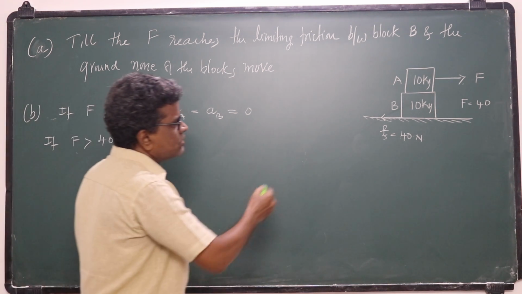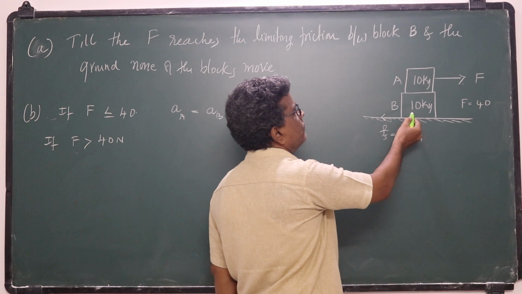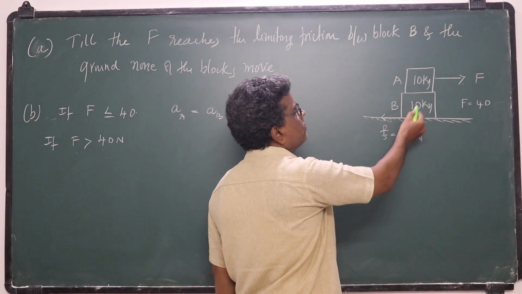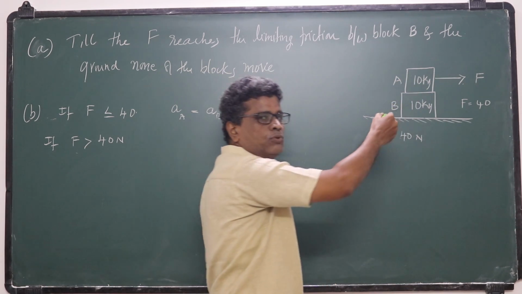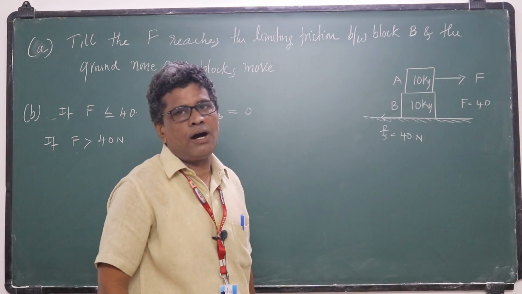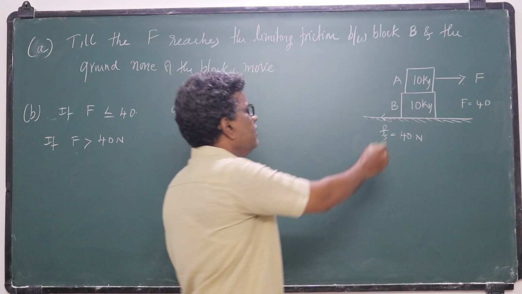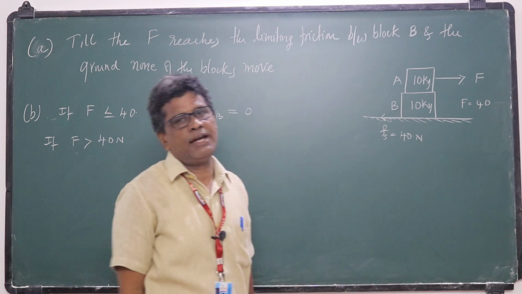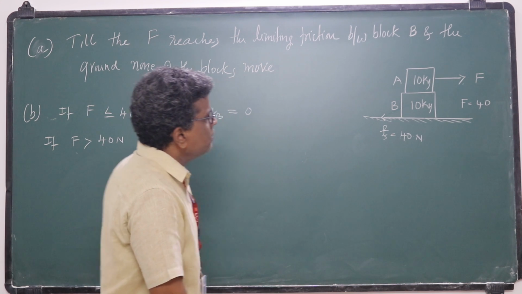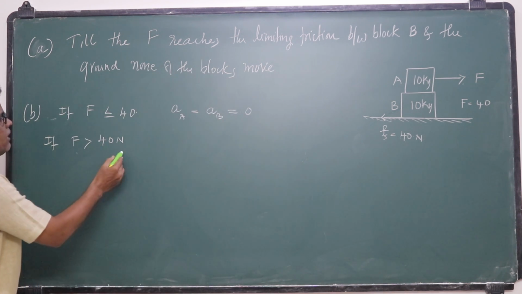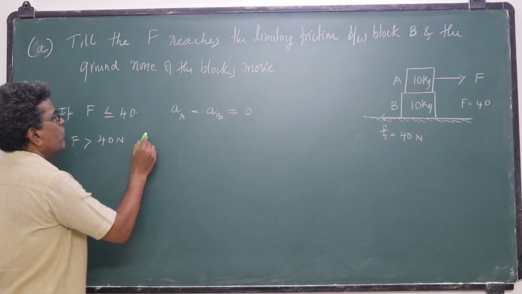This block starts slipping from the ground because of this force. Then these two move together with a common acceleration until B reaches its maximum acceleration, 4 meters per second squared.